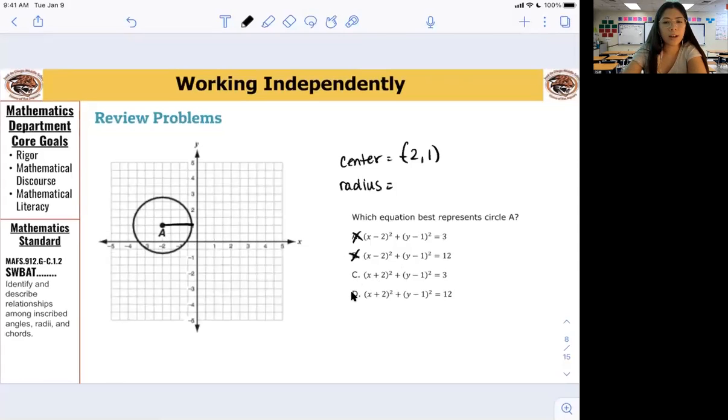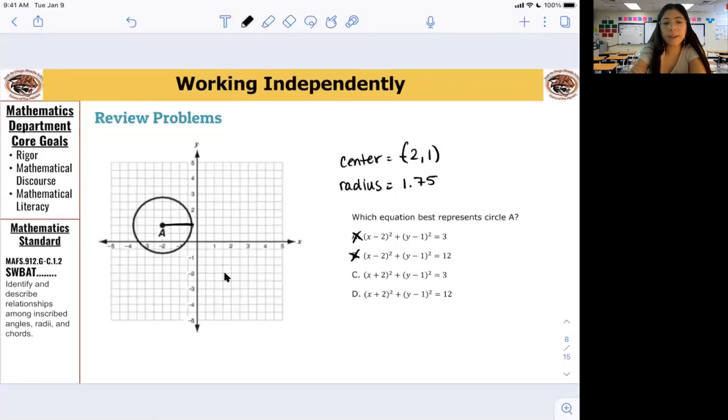A lot of people chose the wrong response because they didn't count carefully. How many units? We got 1 and almost 2. So what's a good estimate for this? 1.75, I think, is a good estimate.